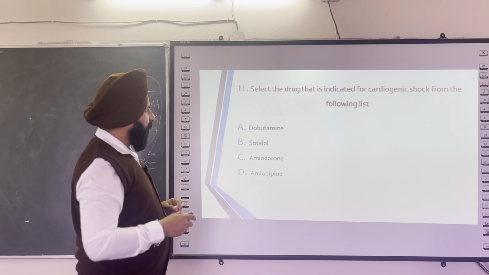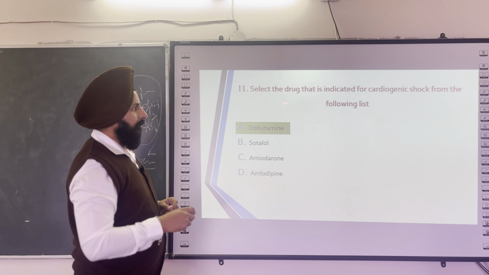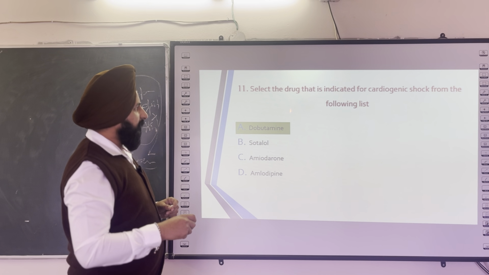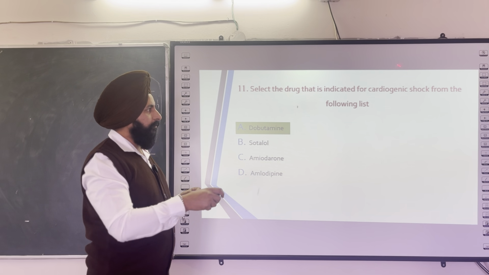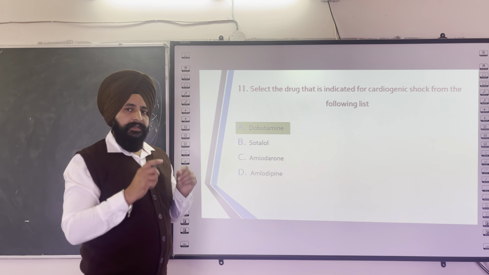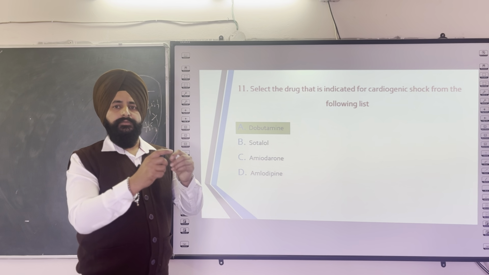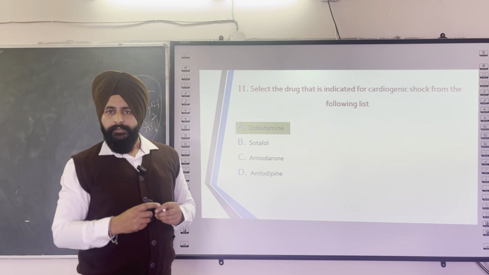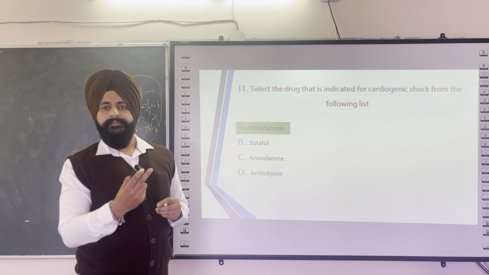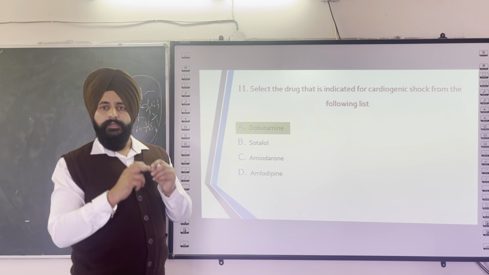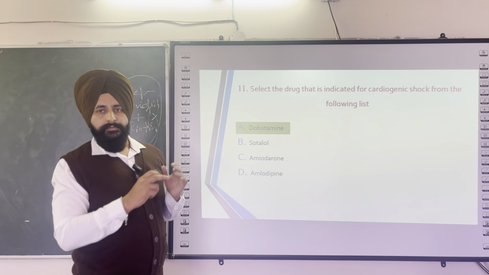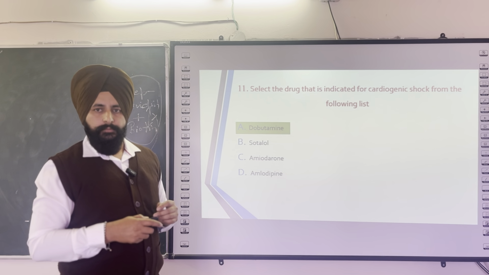The correct answer is dobutamine. So dobutamine is the drug of choice in case of cardiogenic shock, whenever you know that the heart is going toward a failure state. So to increase the pumping of the heart, we use dobutamine. So it is more effective than dopamine. So this is the correct answer for this question.